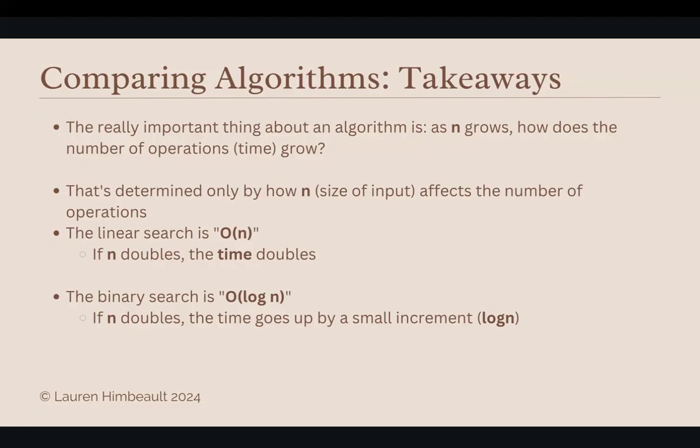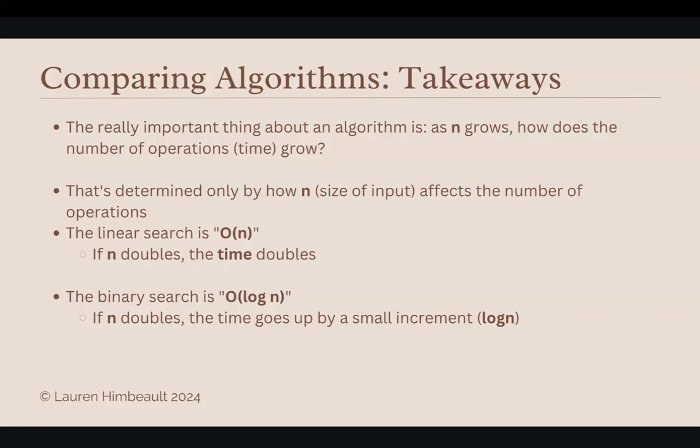So big O of n is basically saying that as n grows, the algorithm's time will grow at the same rate. But big O of log n is saying that as n grows in that algorithm, we're going to see the time only grow at a speed of log n.